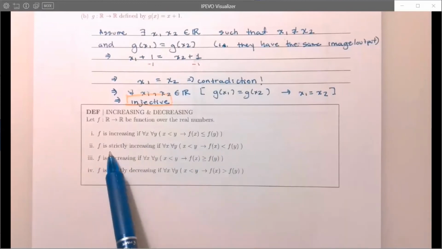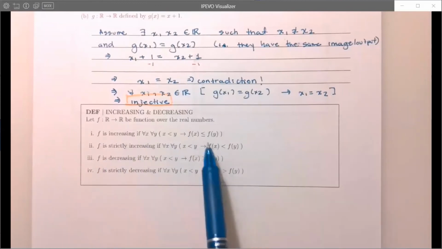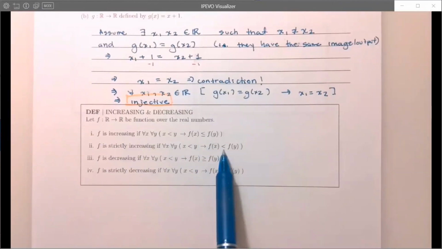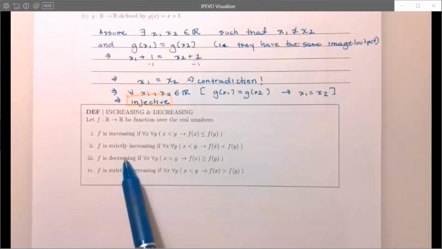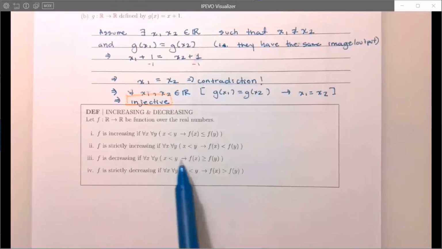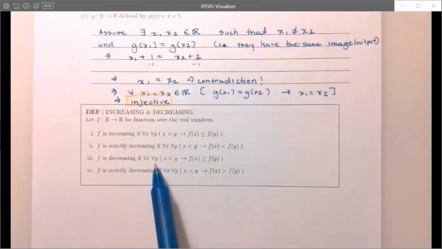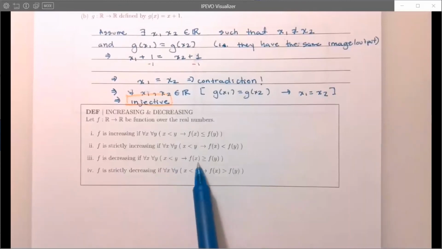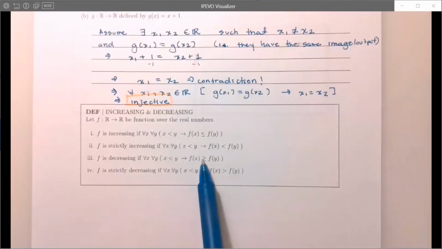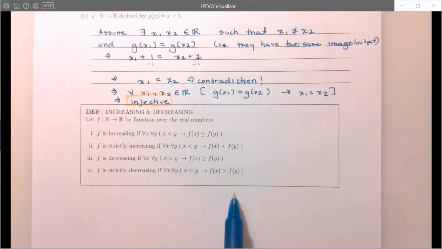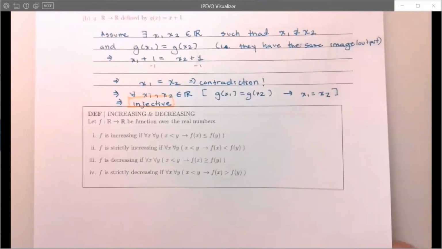We call it strictly increasing if instead of having less than or equal to, we have strictly less than. f, on the other hand, is decreasing if for any input numbers x and y, if x is less than y, then f of x is going to be greater than or equal to f of y. And then we say strictly decreasing if this is a strict inequality rather than a greater than or equal to.